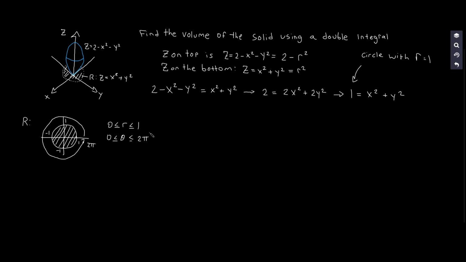So let's set this up. How can we find the volume? V equals the integral of r dr d theta. D theta comes first in the setup because it comes last in the integral with respect to.